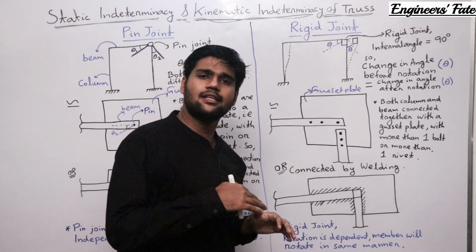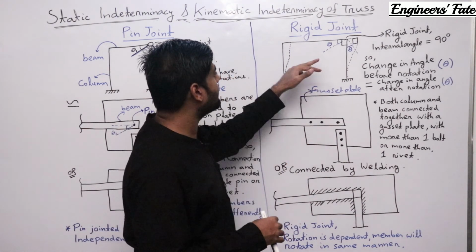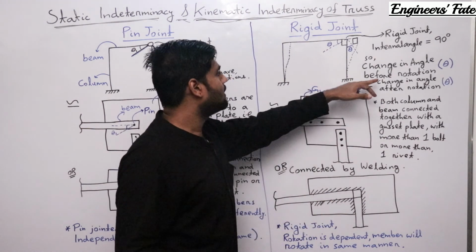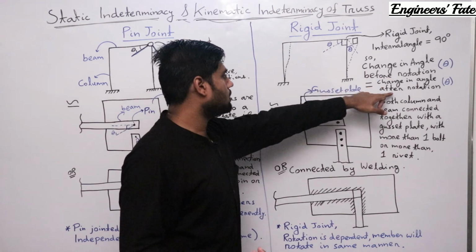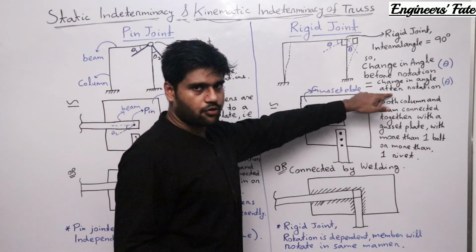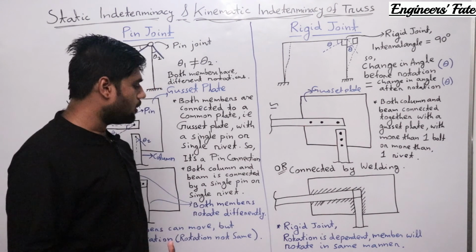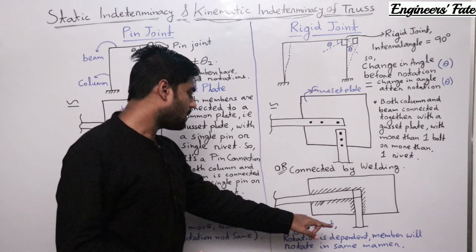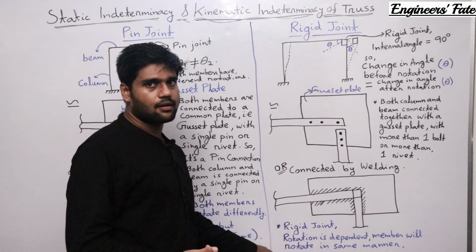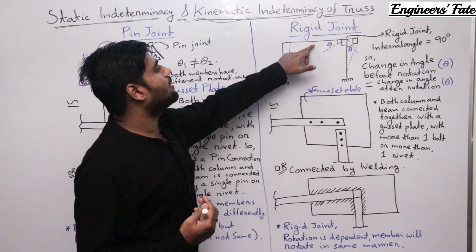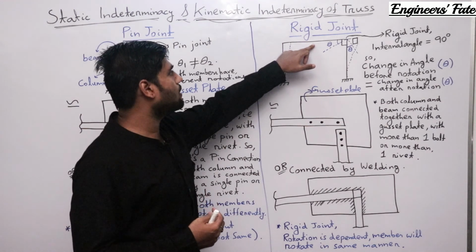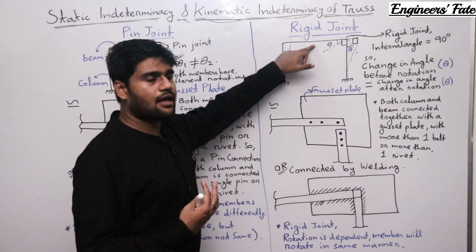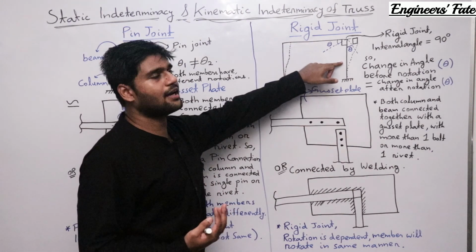Meaning if the beam is deflected or rotated by an angle theta, the column will also be rotated by an angle theta. So the change in angle before rotation is the same as the change in angle after rotation. One more point to note: in a rigid joint, rotation is dependent, meaning members will rotate in the same manner. If deflection or deformation occurs at the beam, the same deflection and the same rotation will occur at the column.